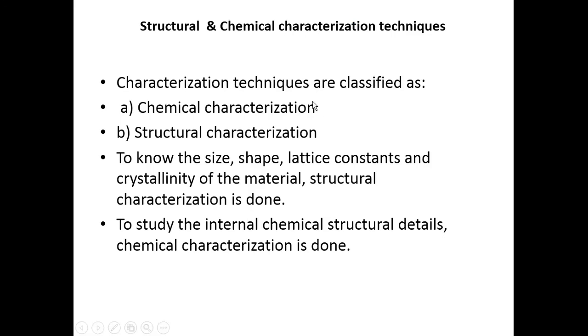Characterization techniques for nanostructures can be classified as chemical characterization and structural characterization. These are the two basic characterizations required for analysis of nanomaterials or nanostructures. To know the size, shape, lattice constants and crystallinity of the material, structural characterization is done.